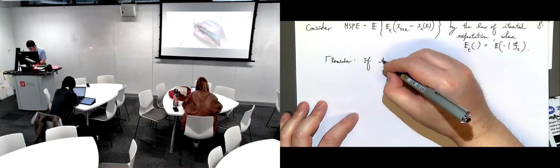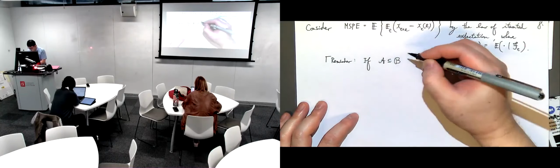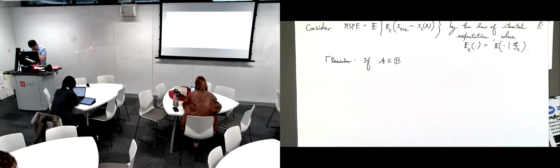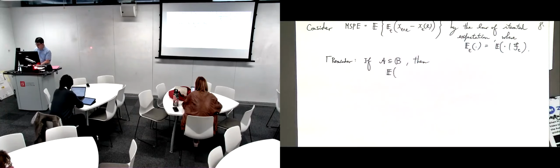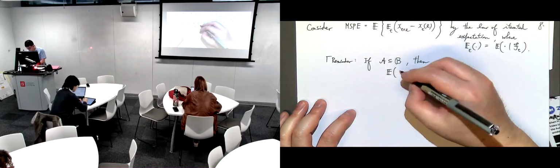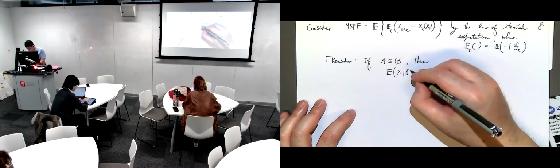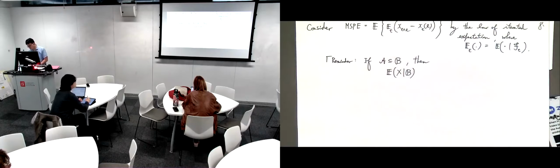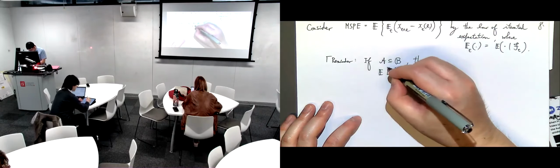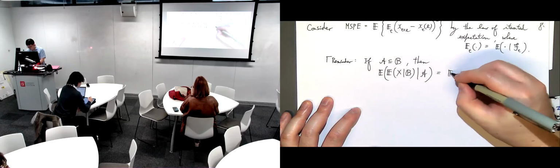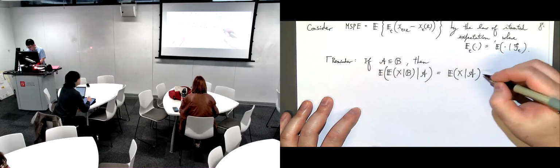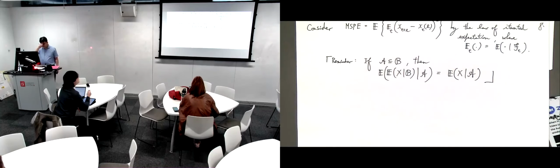There are two sets of information, two sigma algebras, where A is a subset of B. Then the most generalized form of the law of iterated expectation is: you condition on the more information B, and then condition again on the coarser information A, which is a subset of B, and that will be just the same as conditioning on the coarser information A.